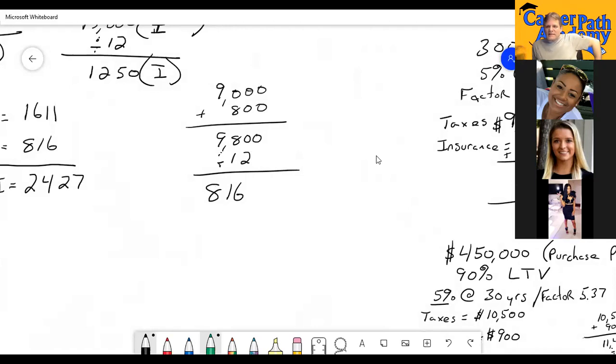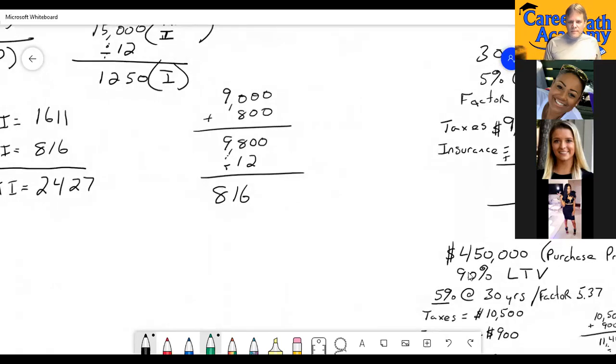If the taxes are $10,500 and the insurance is $900 a year, I want you to tell me how much is the PI, how much goes towards the principal, and what is the PITI? For this problem down here in the bottom right.